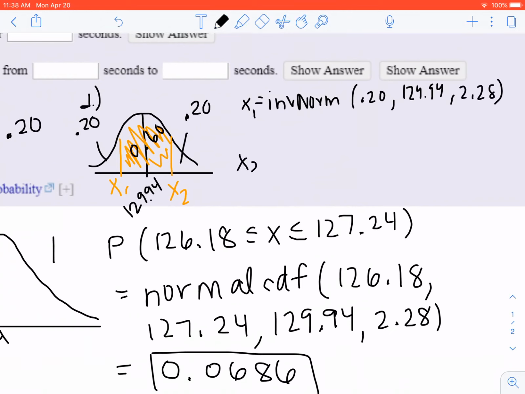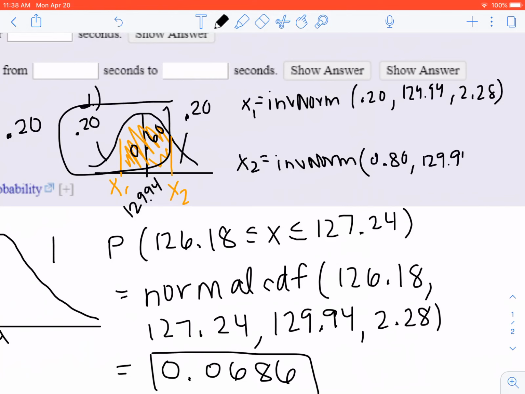And then x2 is the same thing, inverse norm. The area to the left this time is going to be both of these together. So we have area to the left of x2 is going to be 0.8. Mean is 129.94. Standard deviation is 2.28.